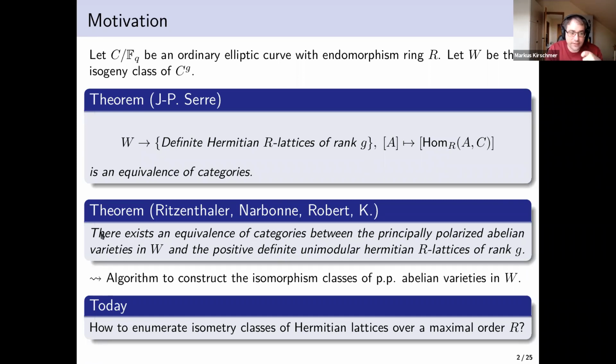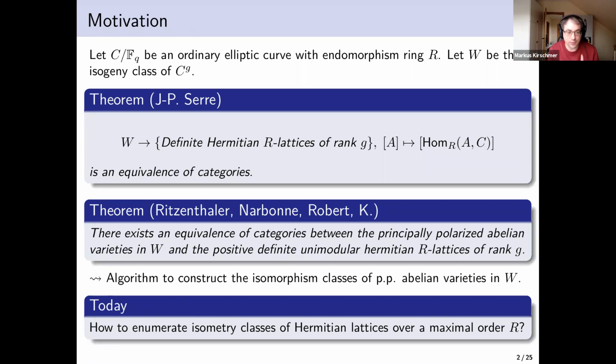This equivalence then allows us to give an algorithm to construct the isomorphism classes of principally polarized abelian varieties isogenous to C to the g. In this talk, unfortunately, I didn't want to say anything more about that.